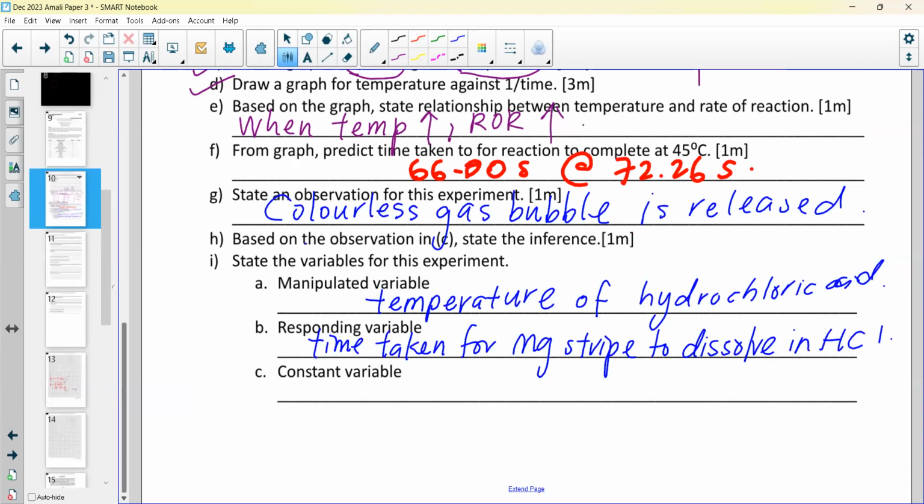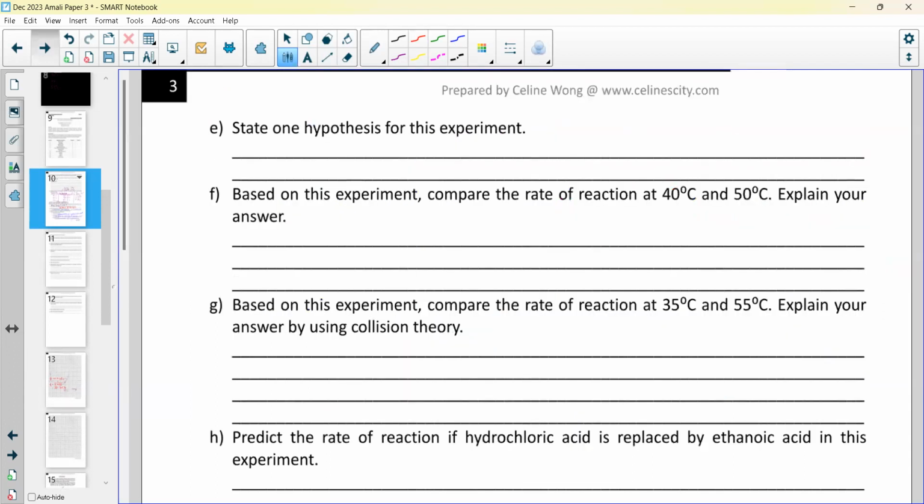Okay, very good. Constant variable: concentration of acid, or concentration of hydrochloric acid. Everyone good for this? Still easy, right? Okay, so if this one no problem, then you continue.